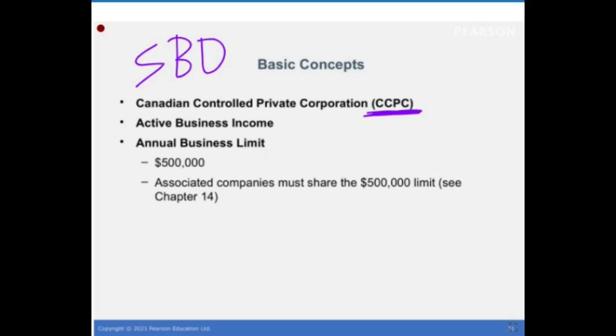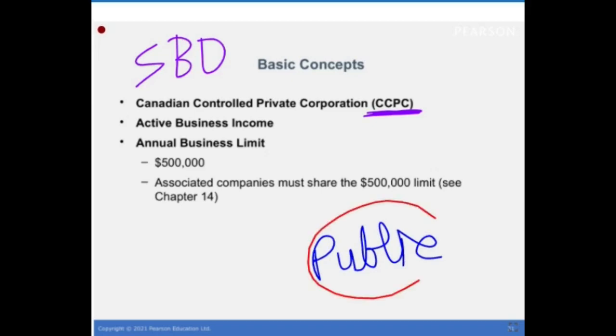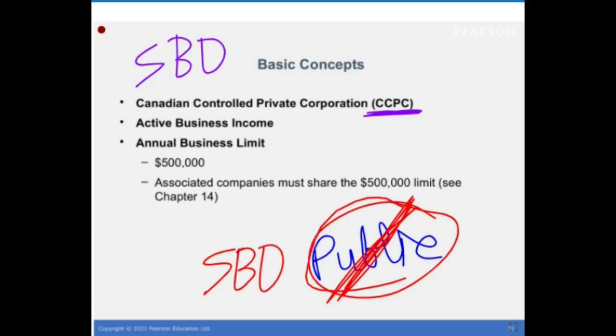So keep that in mind. If the company is public, there will be no small business deduction. Make sure you know what type of company you're looking at before you start calculating deductions that they would not receive.